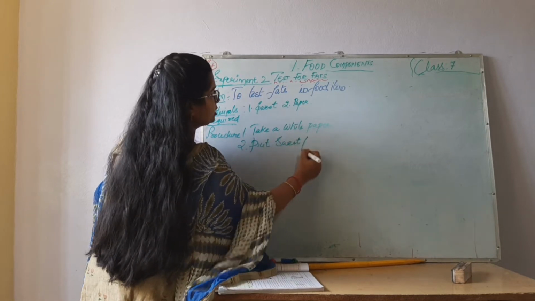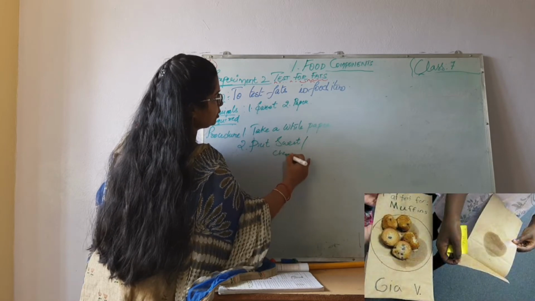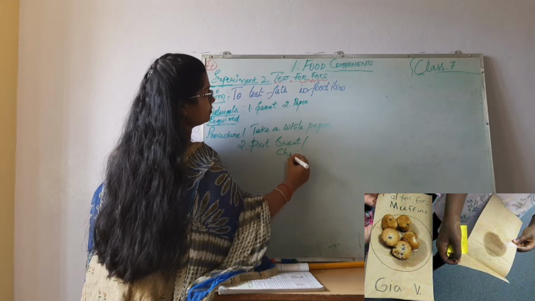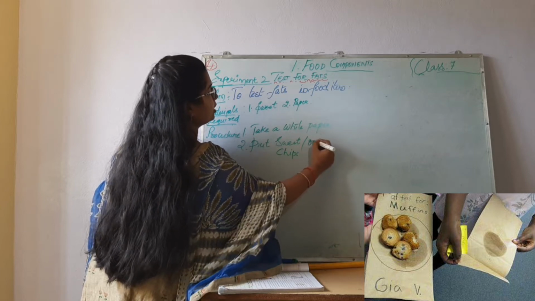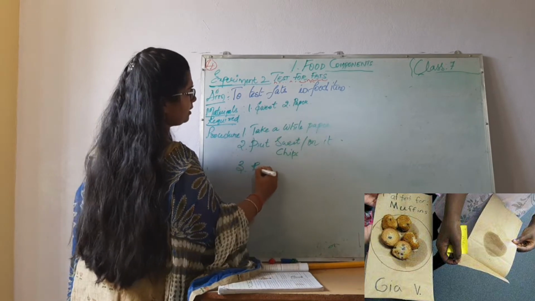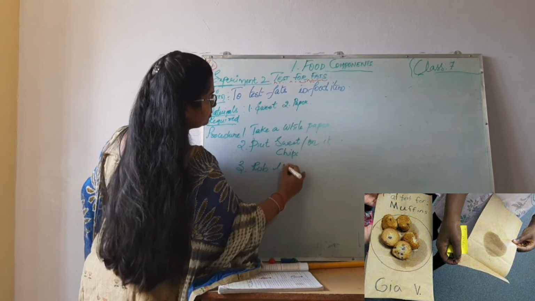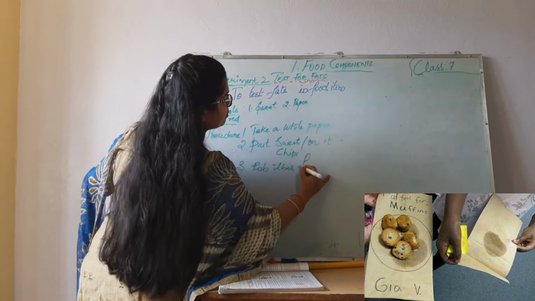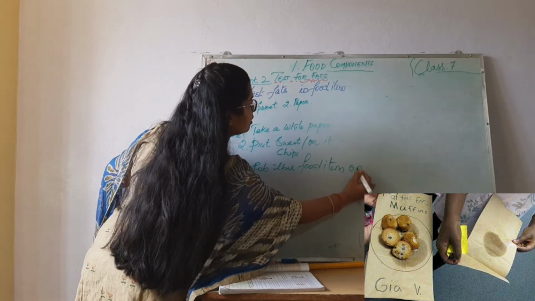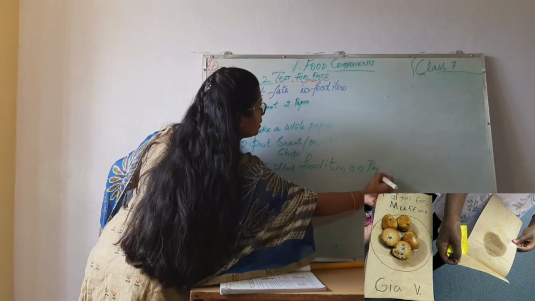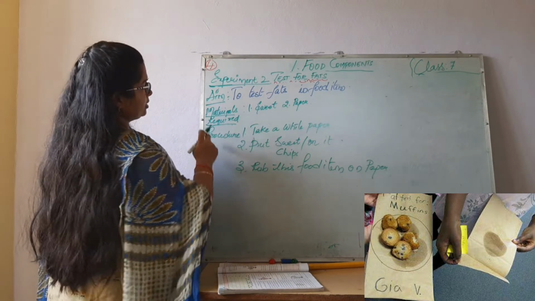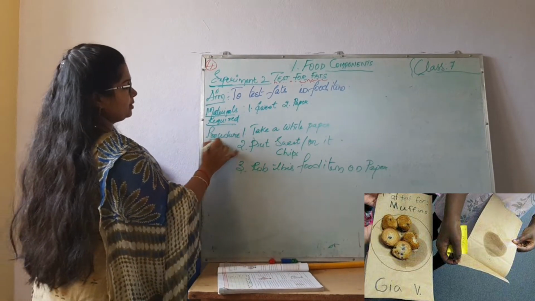Sweet or any cheesy item, or anything which contains oil, like chips, on it. Rub this food item on the paper. Food item on paper. Aim, materials required, procedure completed, right?